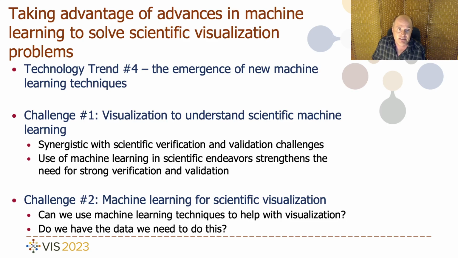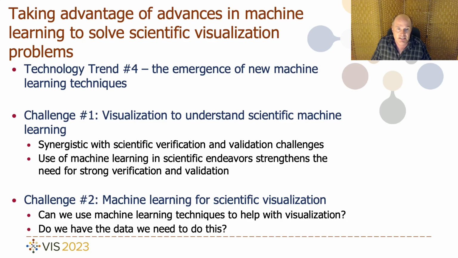I believe that because machine learning depends on ensembles, it's synergistic with the approach that we described earlier of scientific verification and validation challenges. So if we solve those challenges, we can solve some machine learning challenges.